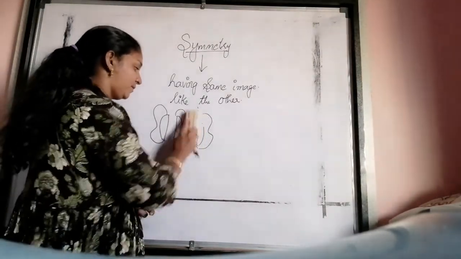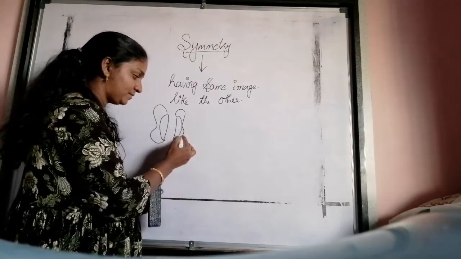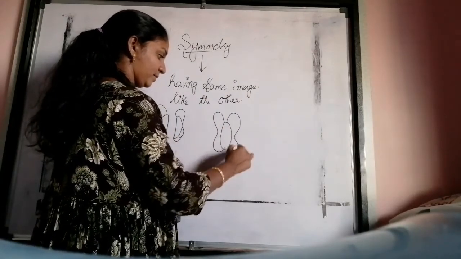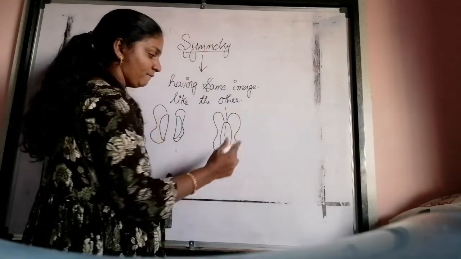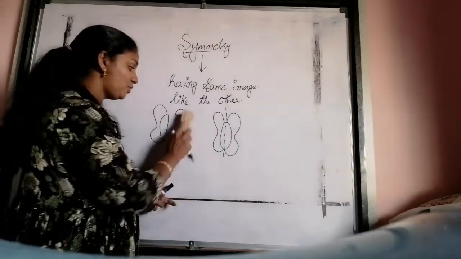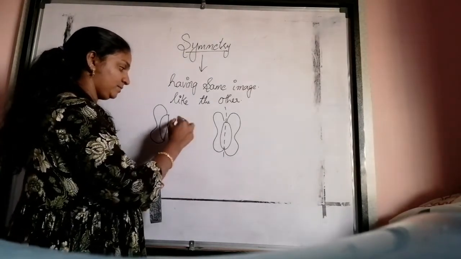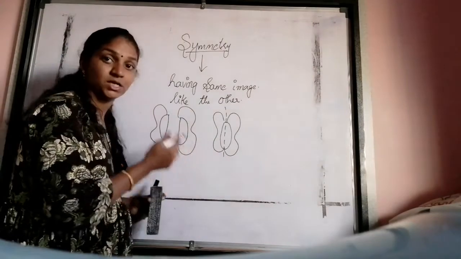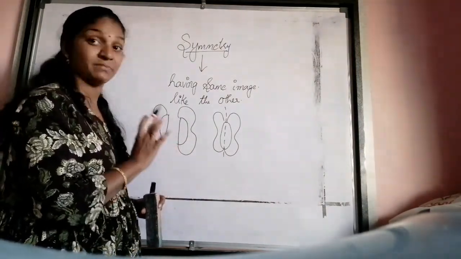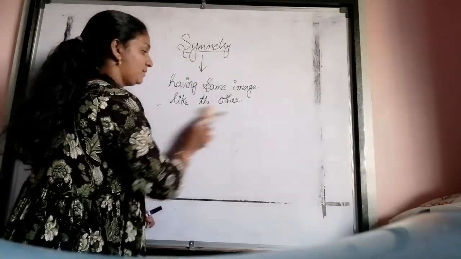So, can a butterfly make two symmetrical images? Yes. This one butterfly, when we cut or rotate, gives two identical images. When an image is cut, it gives an identical image, meaning the same image. That is called symmetry.